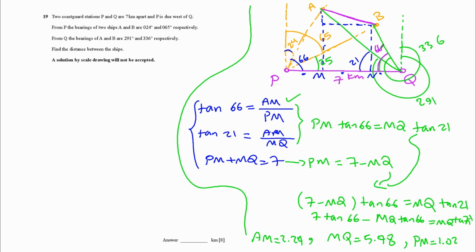So I can start from the tan: tan of 25 equals BN over PN, and tan of 66 equals BN over NQ.